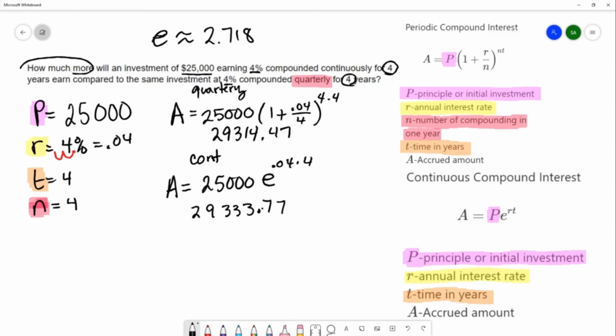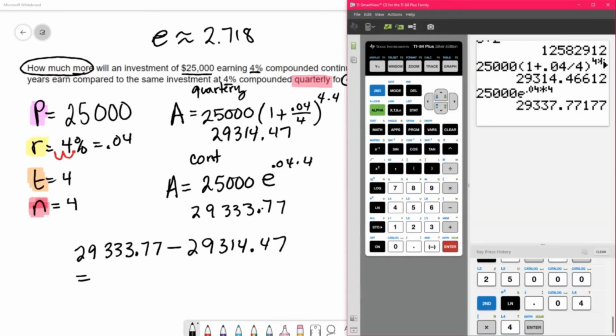This question wants to know how much more, so we want to calculate the difference between these two investments. This calculator has a nice feature where you can use the previous answer, but let's not do that because of the rounding.